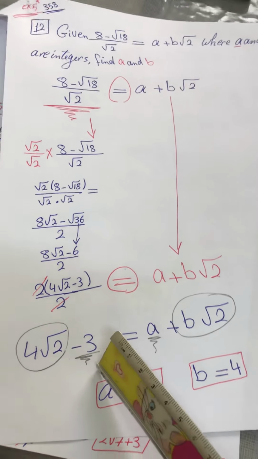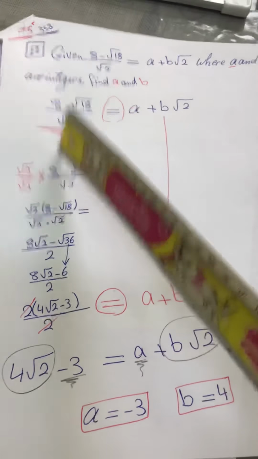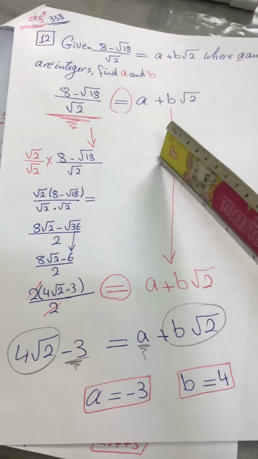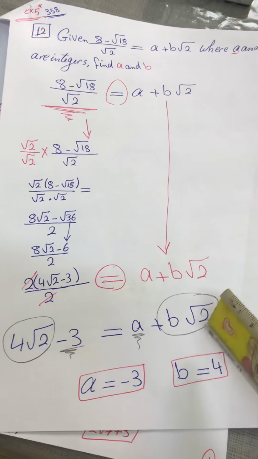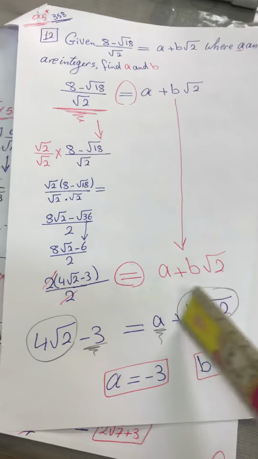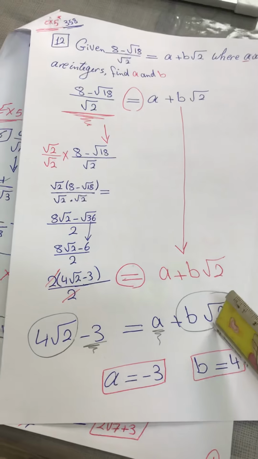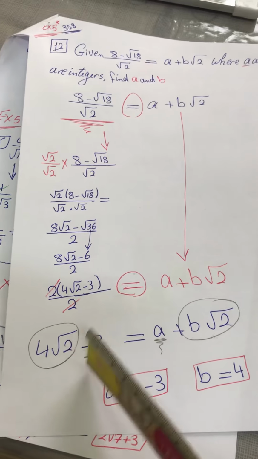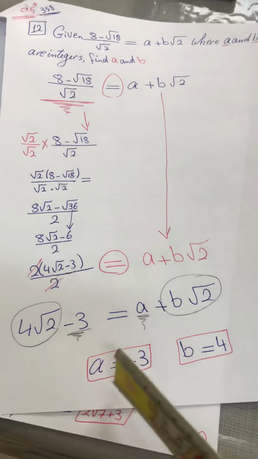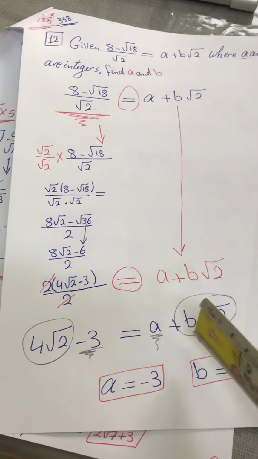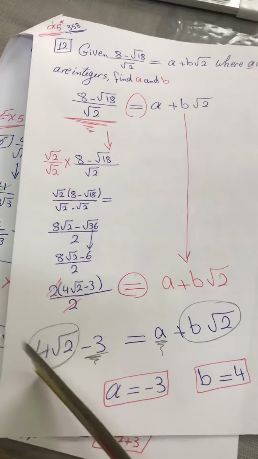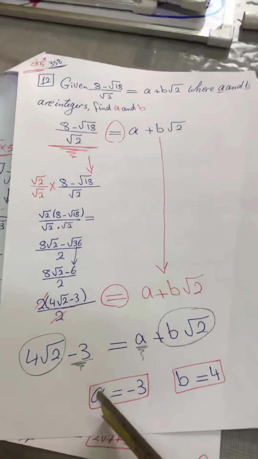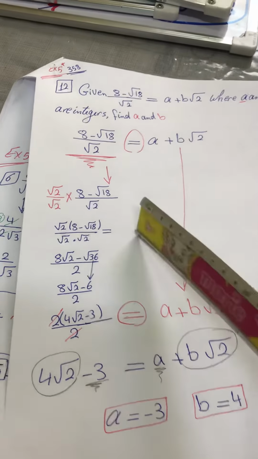He said to me, all this side, I get its answer like this, equals a plus b square root of 2. As you see, b square root of 2 is like 4 square root of 2, and a is like negative 3. So the value of a is negative 3 and the value of b is 4, because the two sides are equal to each other. So what is the idea in this problem?